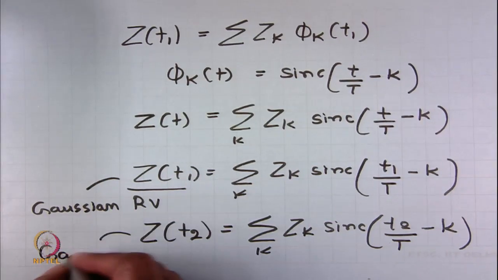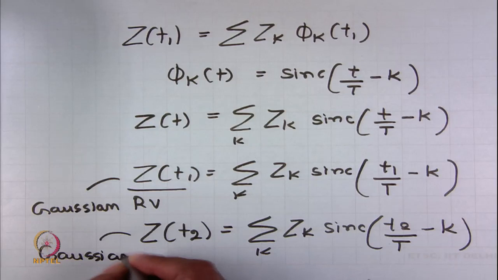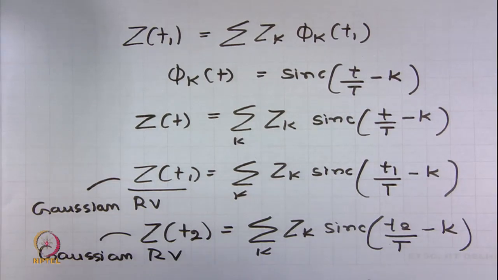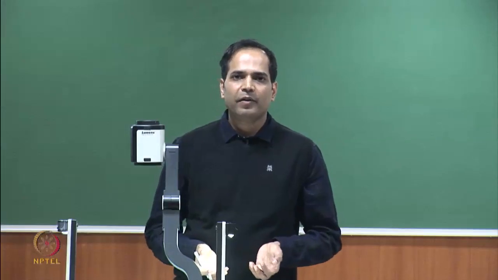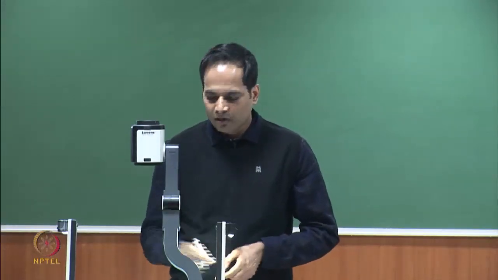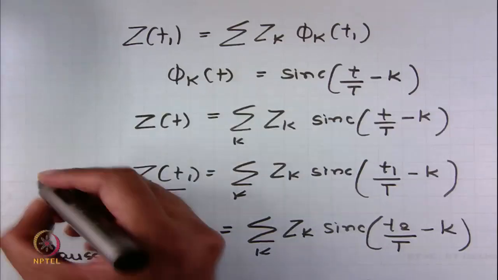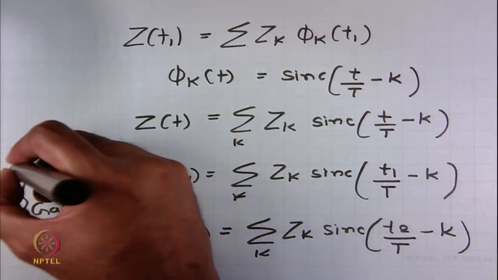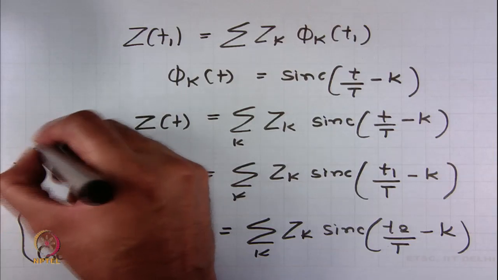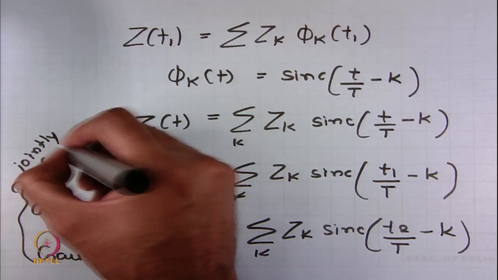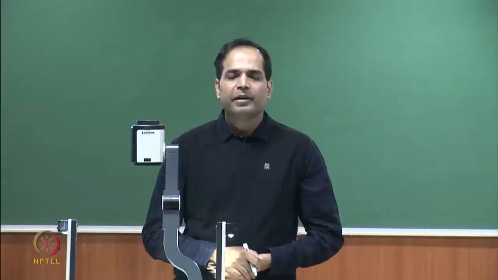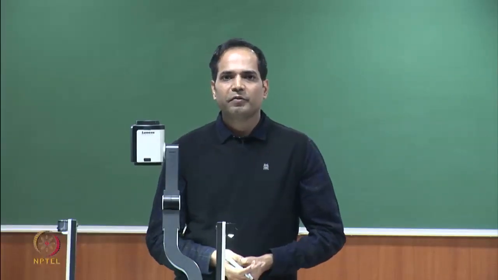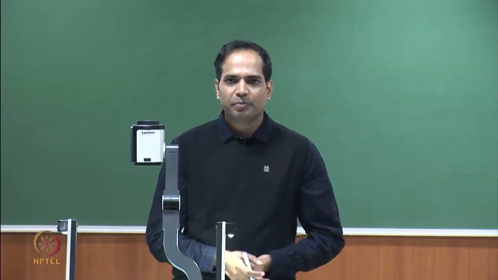Gaussian random variable, and what is more, they are different linear combinations of the common underlying set of independent Gaussian random variables. So, Z_t1 and Z_t2 are also jointly Gaussian random variables, and if the samples of a random process are jointly Gaussian random variables, then the process is a Gaussian process.